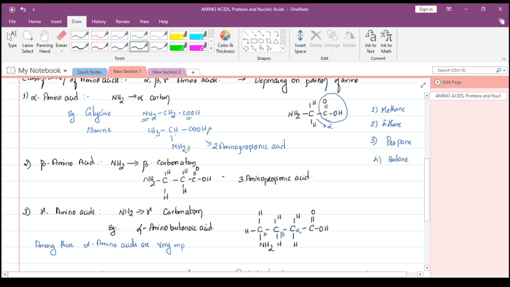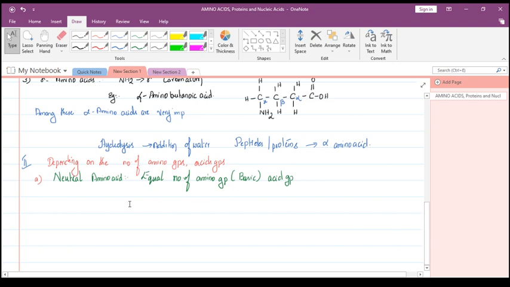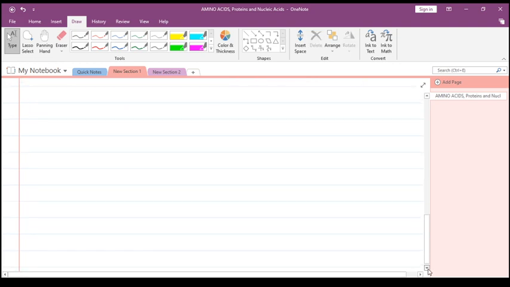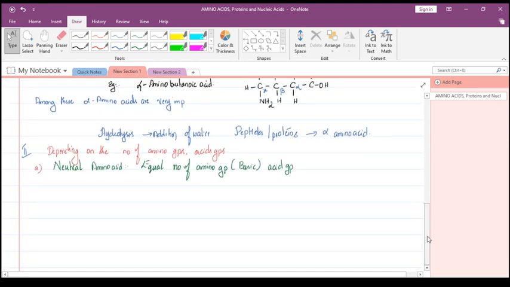Another example is cysteine. Since you are not main students, I am not going into detail with these chemical structures which you find very difficult, so I will give you simple examples. The first example for neutral amino acid is glycine and the second example is alanine. I am not writing this chemical formula once more because I already explained it.